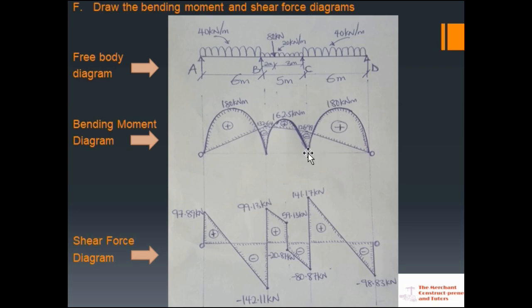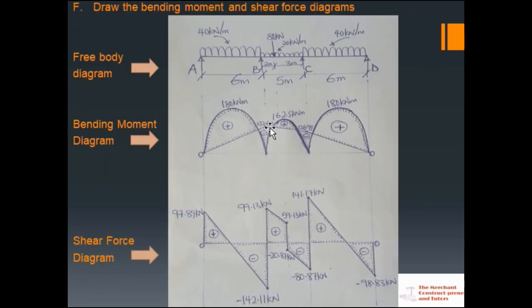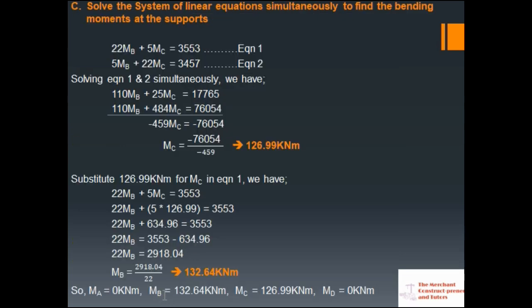So for this other portion, this is 180 kilonewton meter. That is for the span maximum bending moment. Then for the supports, as we calculated, A and D are the ends, so they are 0. Then from what we calculated for the support moment, we have MB at 132.64 and MC at 126.99.